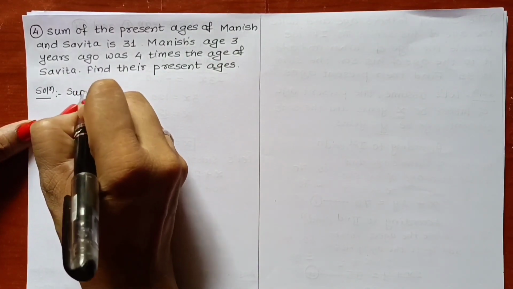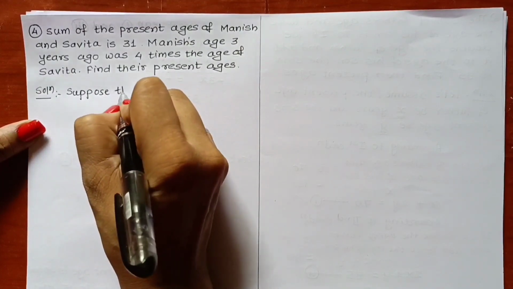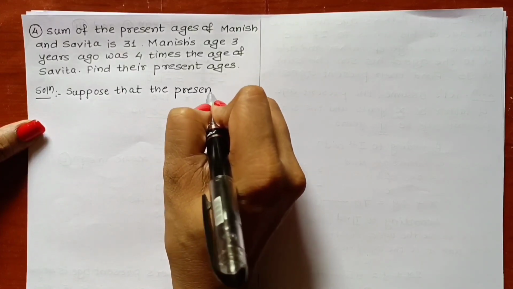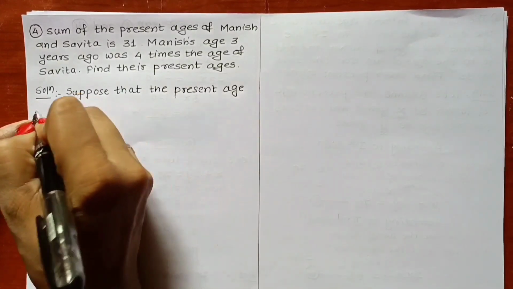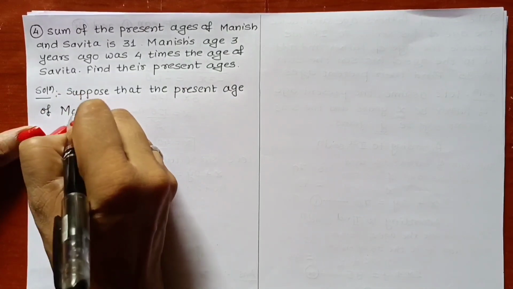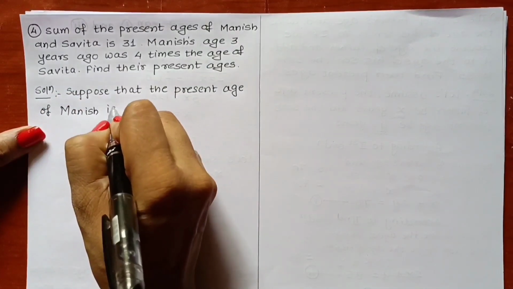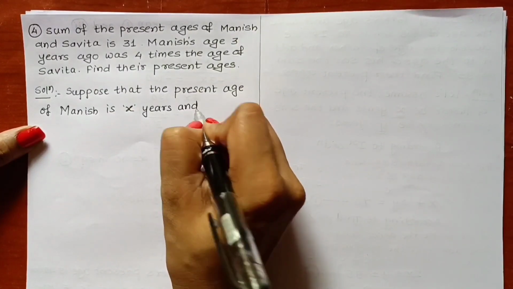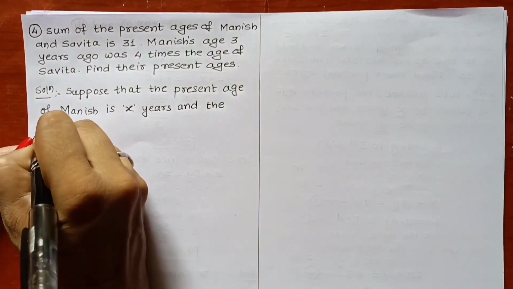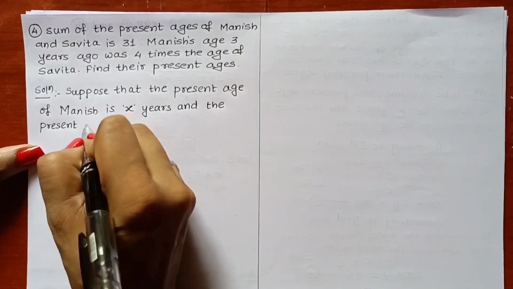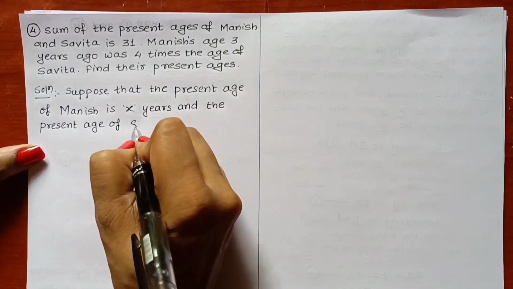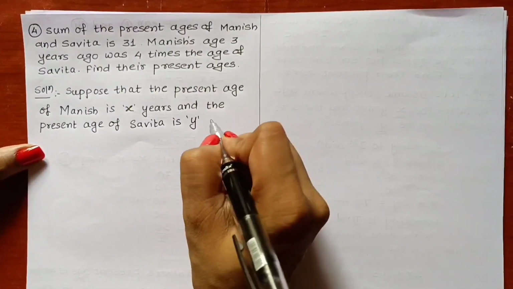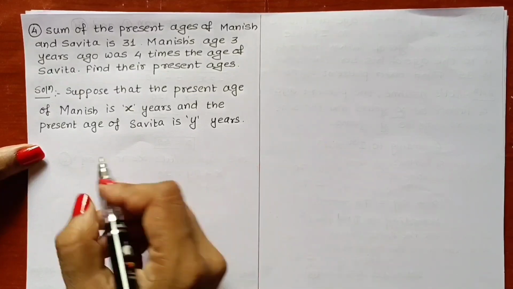I will be writing, suppose that the present age of Manish is x years and the present age of Savita is y years.